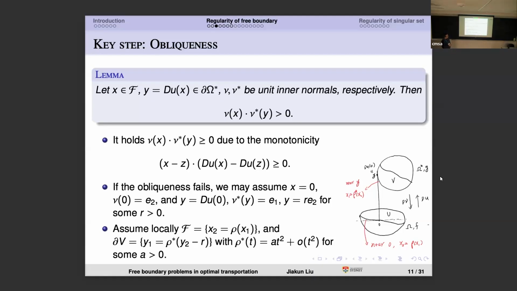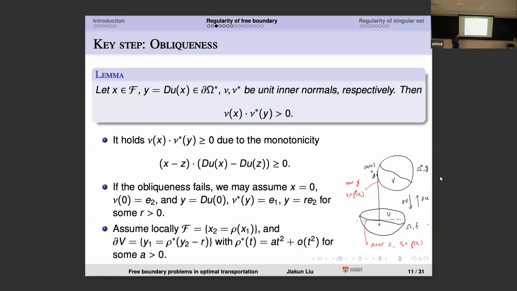It's e2, and on the target side of the origin, the normal direction is horizontal. It's e1. So the picture will look like this. And locally, the free boundary around the origin will be given by x2 equals a function rho of x1, and that function locally describes the free boundary.